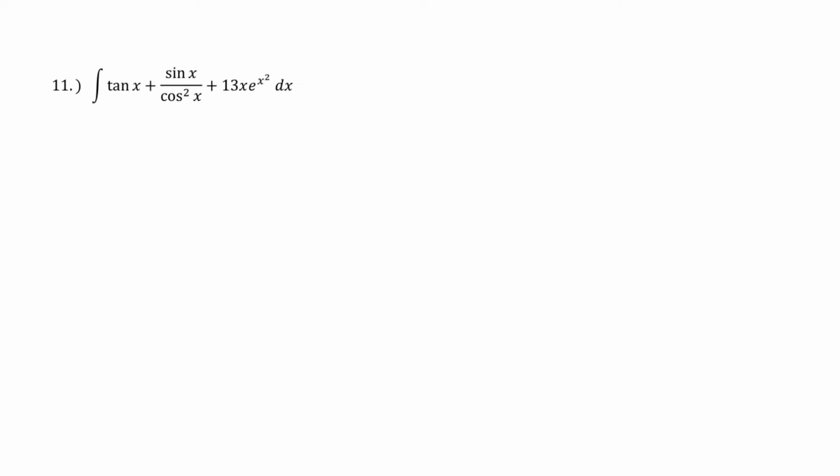This one's kind of tricky, and it does need to be split into 3 different parts. So I'm going to write this as the integral of tan x dx, plus the integral of sine x over cosine squared x dx, plus the integral of 13x e to the x squared dx.